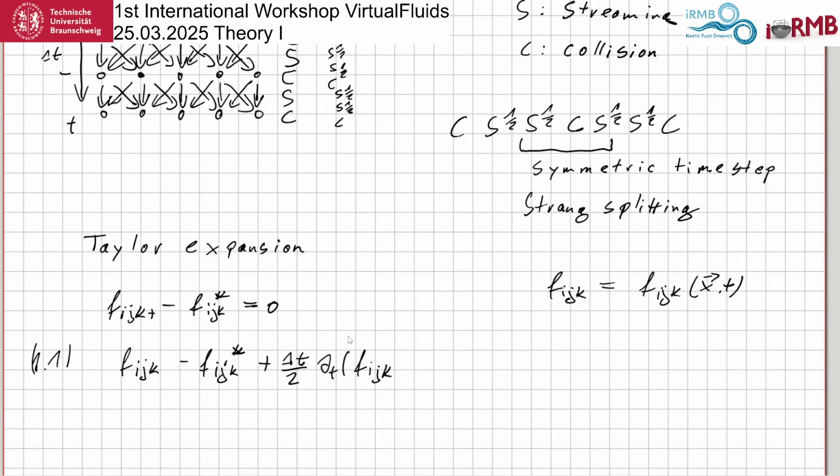This is now because I'm going forward in time with the pre-collision state, and backward in time with the post-collision state. Once I get plus delta t, and once I get minus delta t. Because I get minus delta t, I obviously get plus F_ijk after collision.